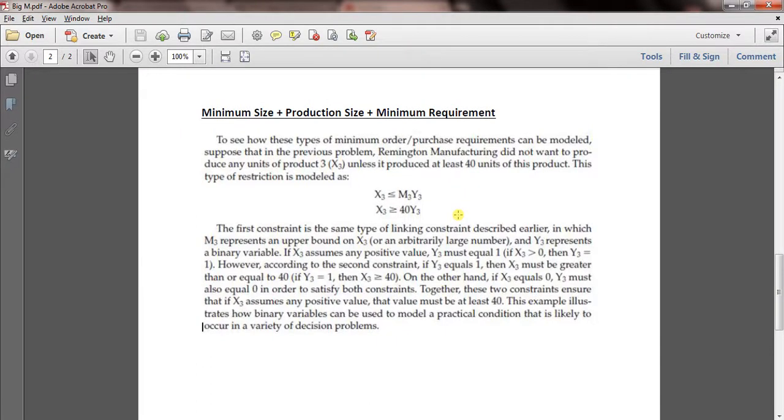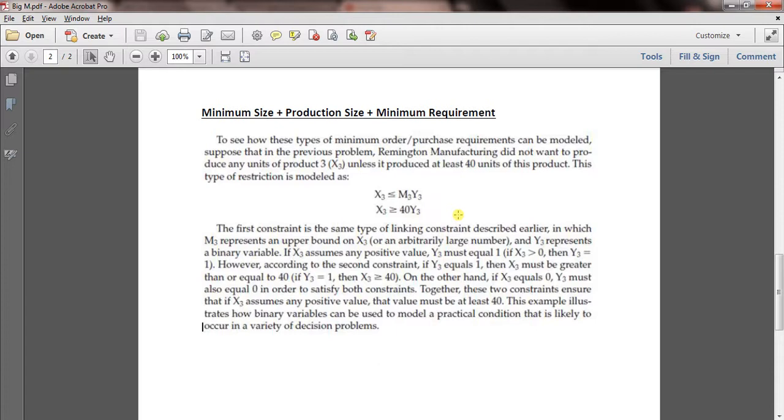There is one more concept associated. This is for normal fixed charge problems, but there can be a special scenario in which we have to produce a minimum size or minimum lot size, or there is a minimum investment requirement.